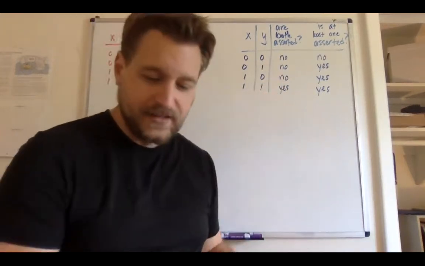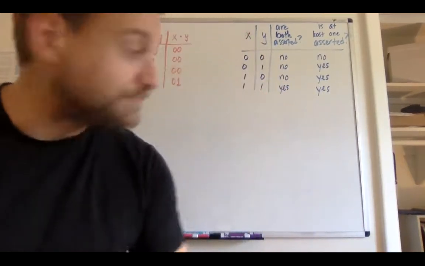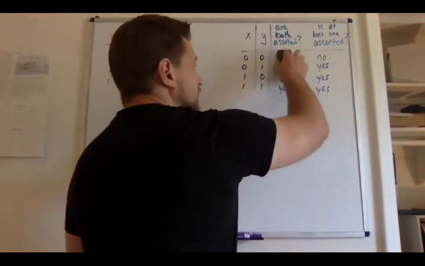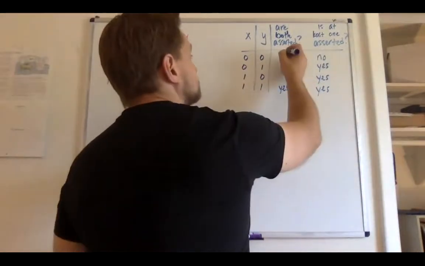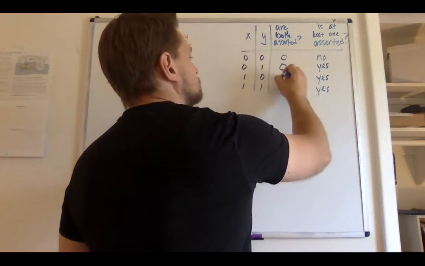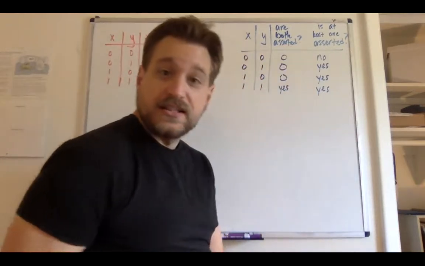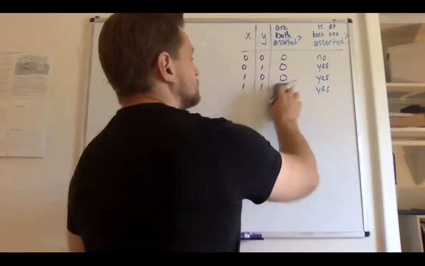So here's my proposition. Anywhere where there was a no, let's put a 0. And anywhere there's a yes, let's put a 1.